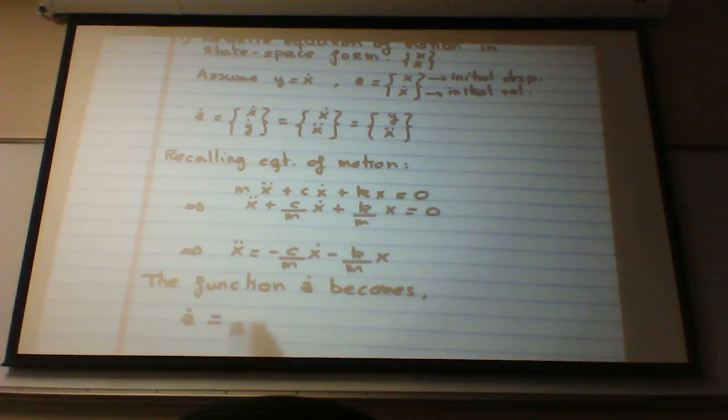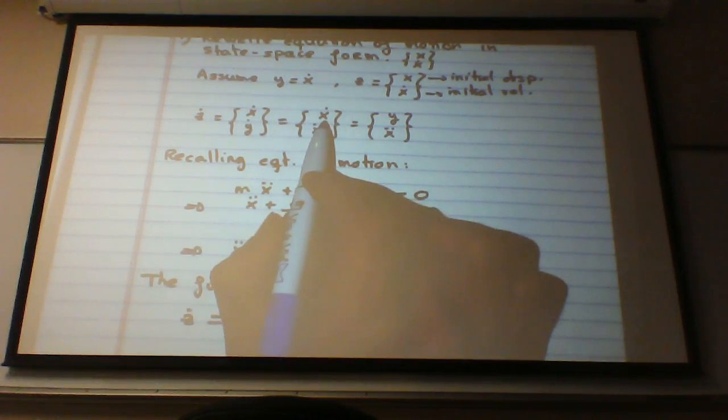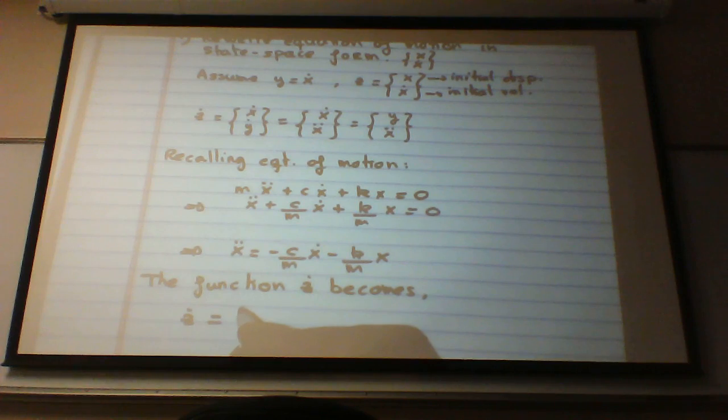If you look at this figure over here, it is x dot, correct? And x double dot will be negative c over m x dot minus k over m x.